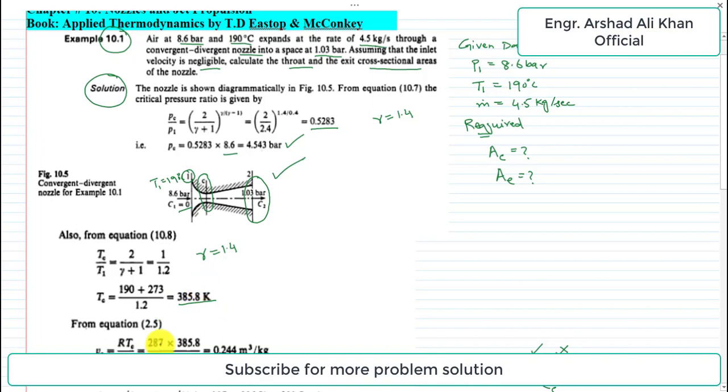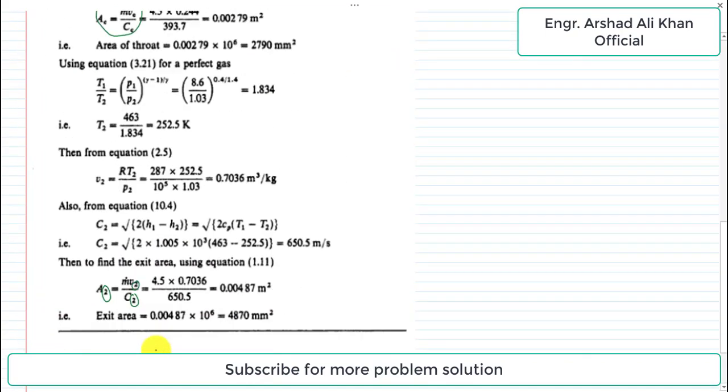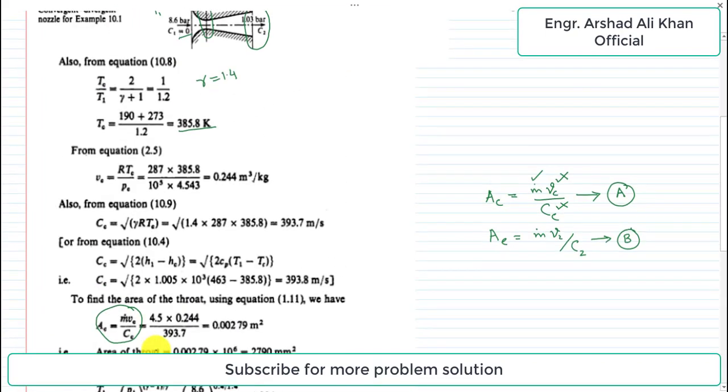Now it's very easy to find the value of specific volume at throat using ideal gas equation or perfect gas equation. We have a relationship which is PV is equal to RT. This is the general expression of perfect gas equation.